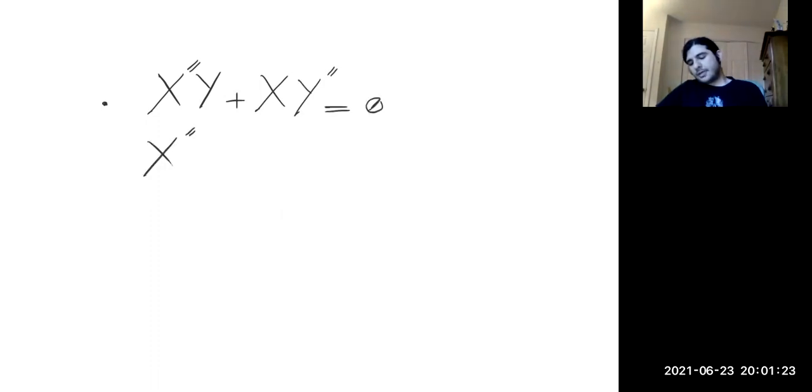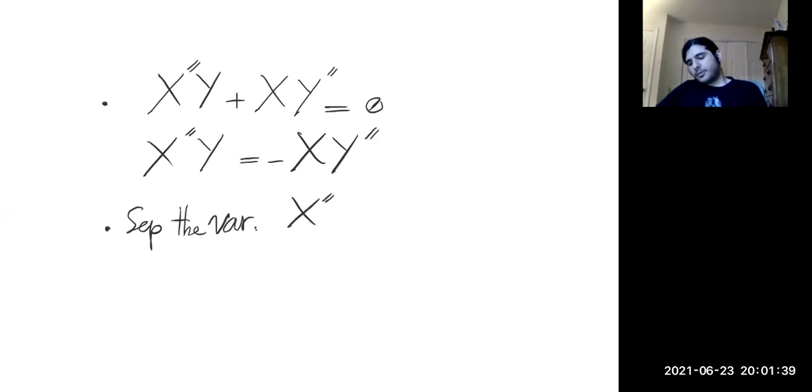So we would have X double prime Y is equal to minus X Y double prime. Now we can separate the variables as we did before. We would have X double prime over X is equal to minus Y double prime over Y.